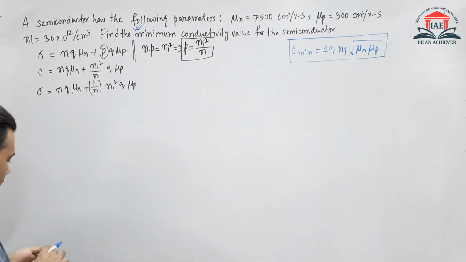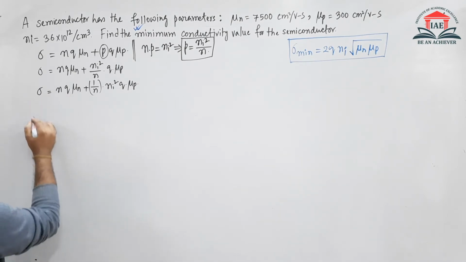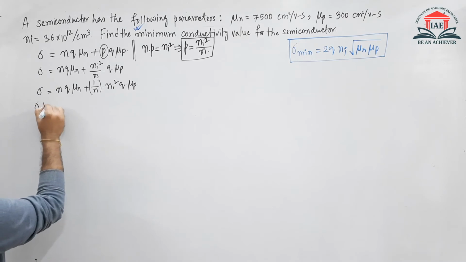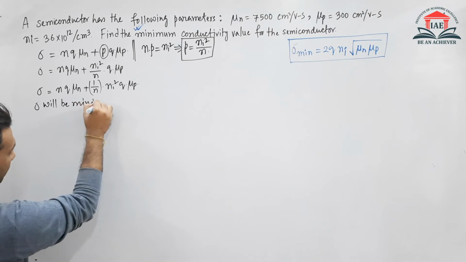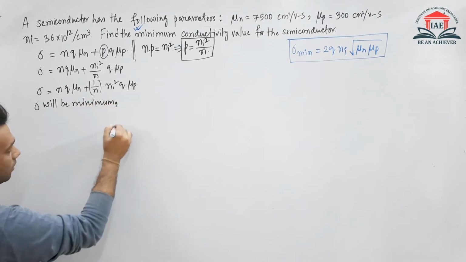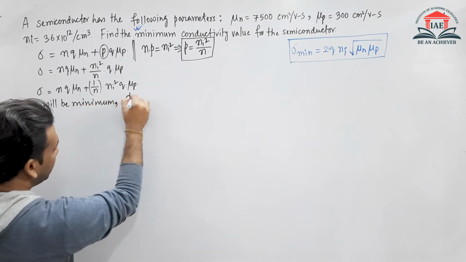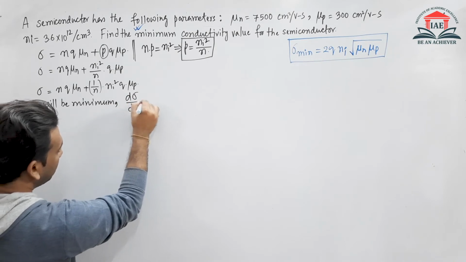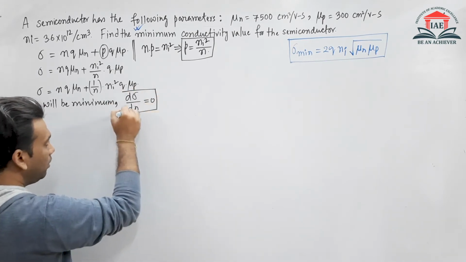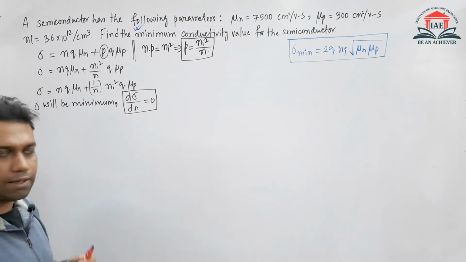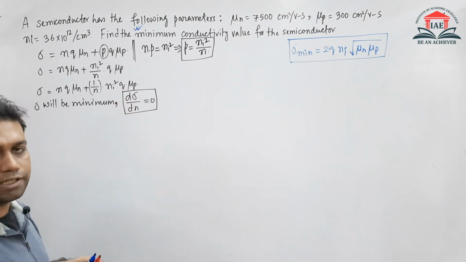So that means the sigma will be minimum when d sigma by dn will be equal to 0. From maximum minimum, so minimum कब होगा जब first derivative 0. That's why d sigma by dn is equal to 0.